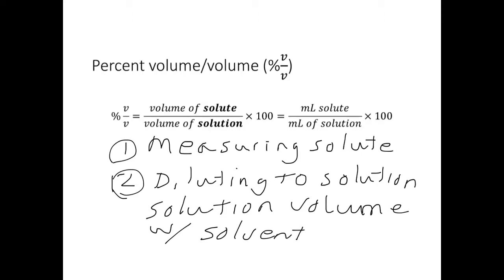This is like the second time I've mentioned it, and I had 2 slides in the first part of this video over that concept, so I'm hoping you're familiar with it by now. So it's percent volume: solute over solution times 100. Not going to belabor this one.